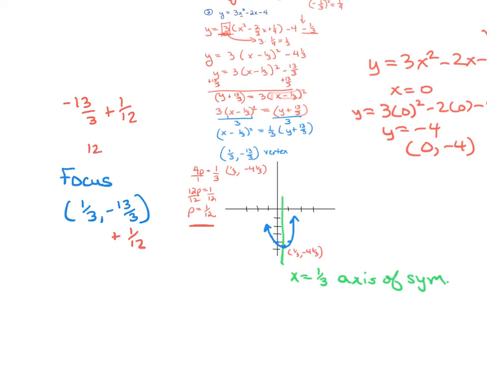It's going to be 12. I'm going to multiply it by 4. So once I multiply it by 4, 13 times 4 is 52. So that's negative 52 over 12. So now my new focus point is going to be negative 51 over 12. So (1/3, negative 51/12).